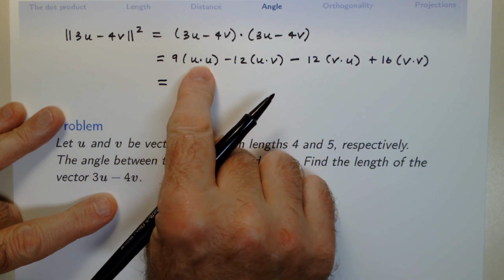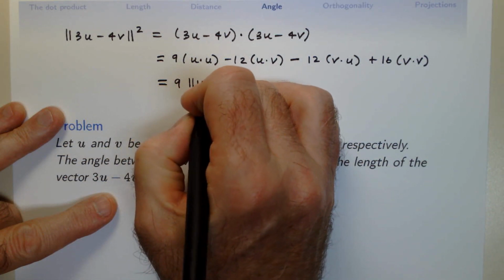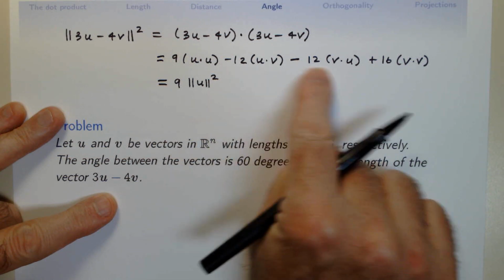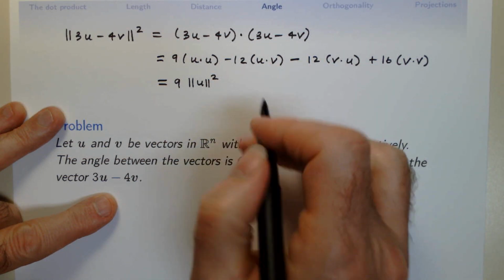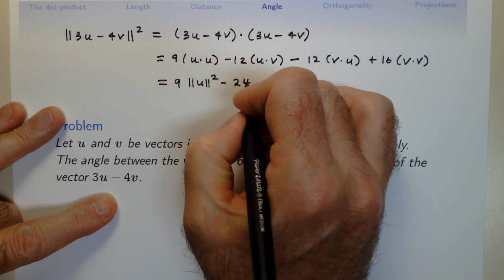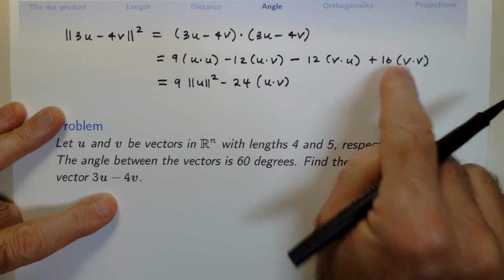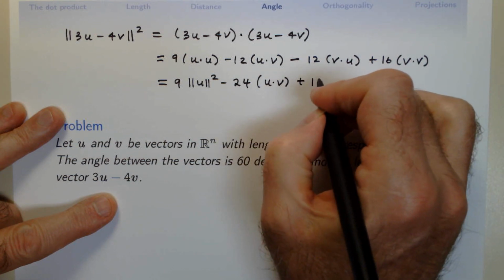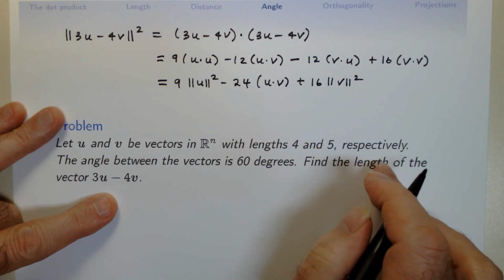We know that u dot u is just the length of u squared. We know that by the commutative law that v dot u and u dot v are the same thing, so we can think of this as a single minus 24 u dot v. And then this can be expressed as 16 times the length of v squared.